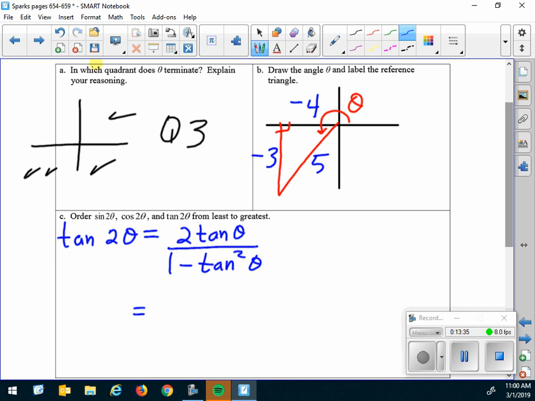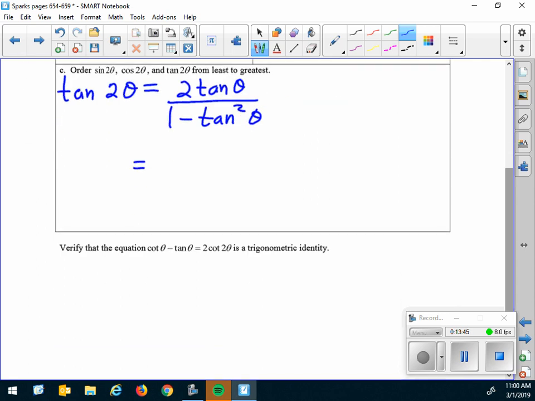What's the tangent of theta? Come on, what's the tangent of theta? 3/4, opposite over adjacent, 3/4. So this is 2 times 3/4 over 1 minus what? Perfect, 3/4 squared.